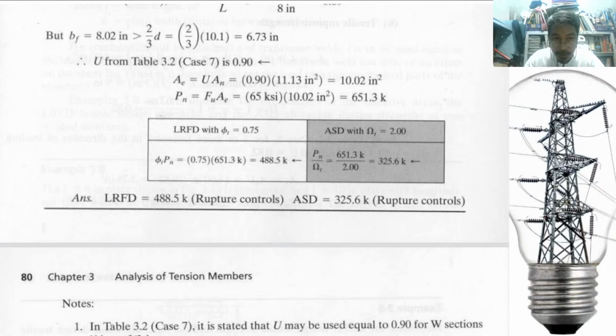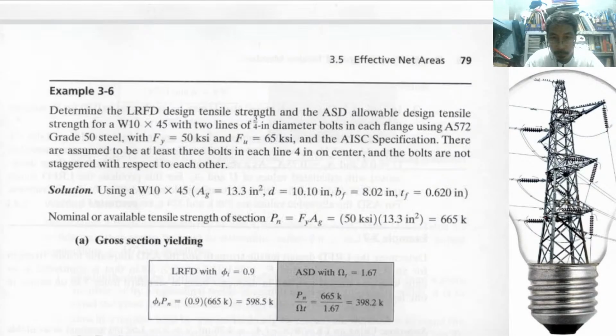Compare 512, our answer, to the gross, which is 599, correct to 3 significant figures. 599 versus 512. Which one is lower?